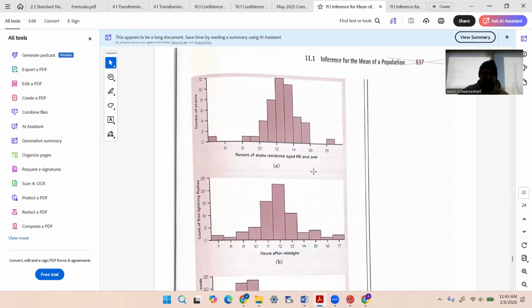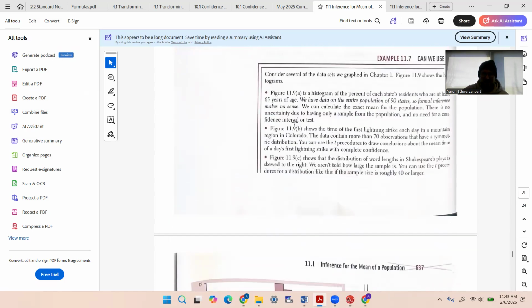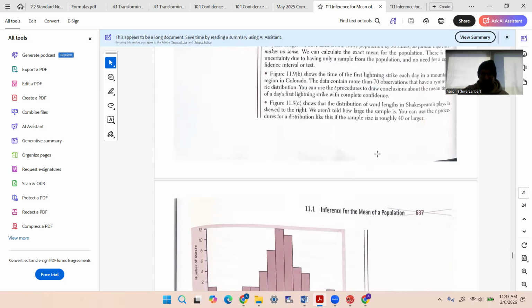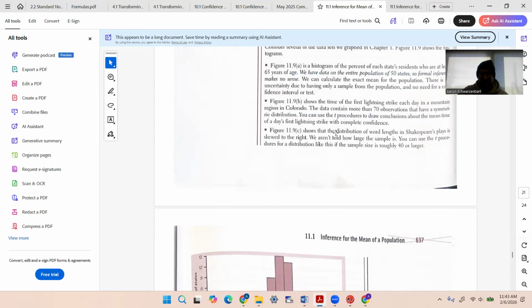We don't even need to look. So yes. This next one has the first lightning strike each day in Colorado, with 70 observations. I don't even need to look at the histogram. Good enough. You can use the T procedures.